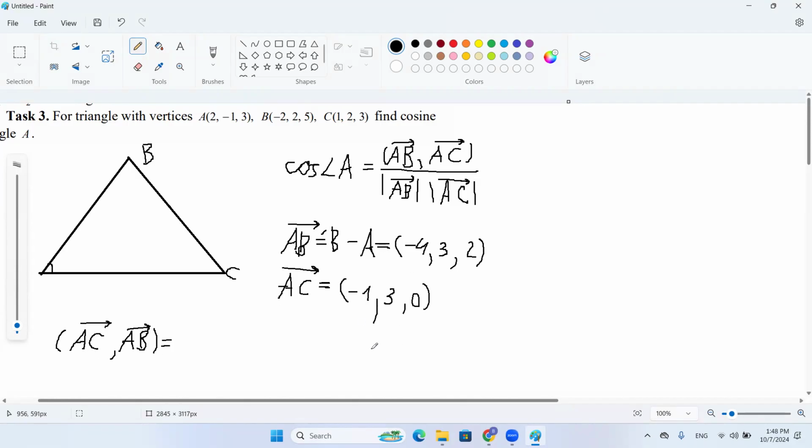We know their coordinates and how to calculate. We need only these coordinates to calculate the scalar product of the vectors.